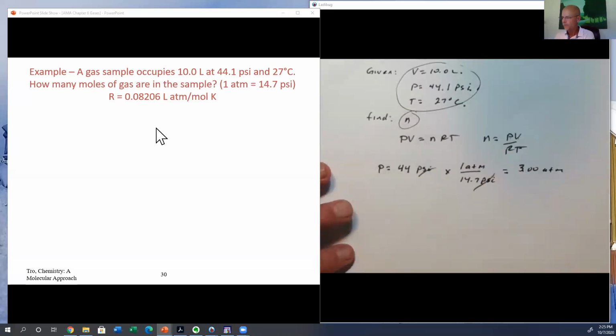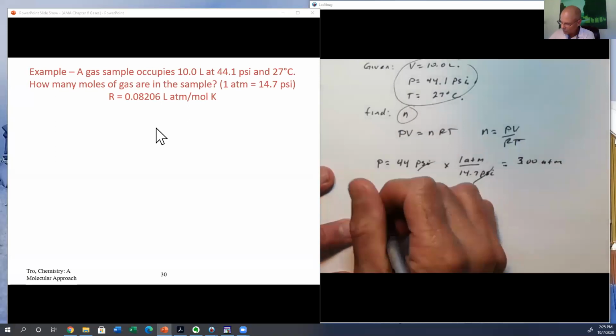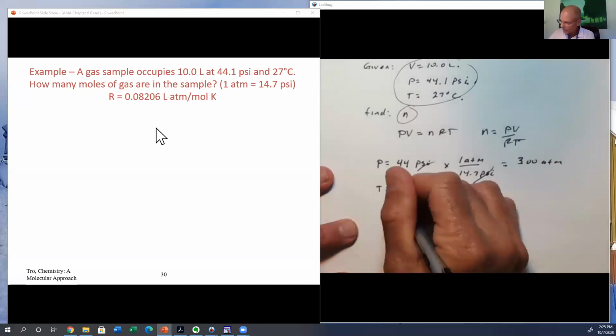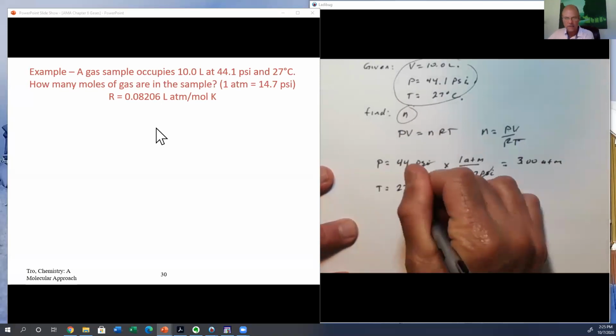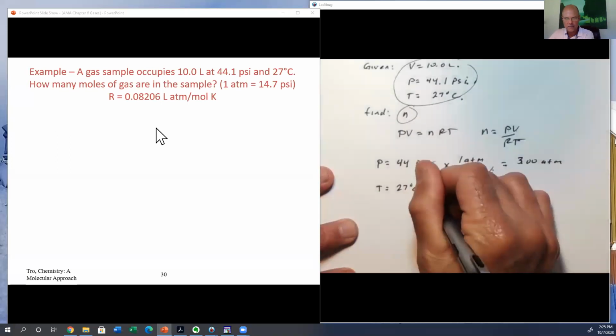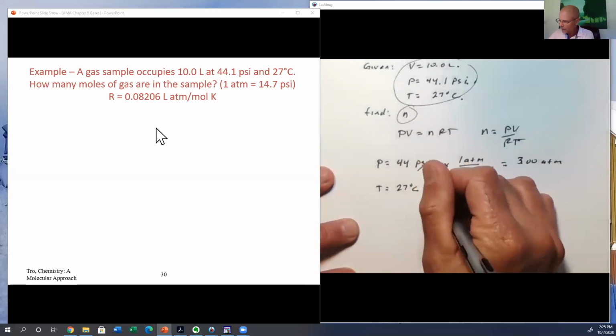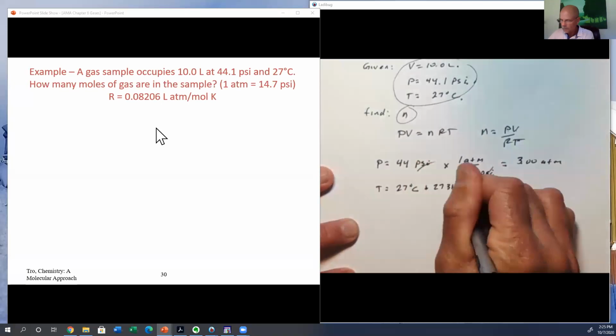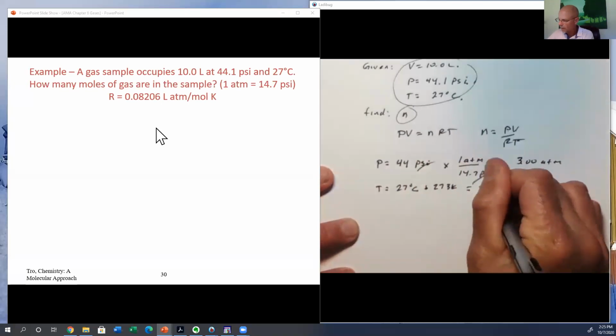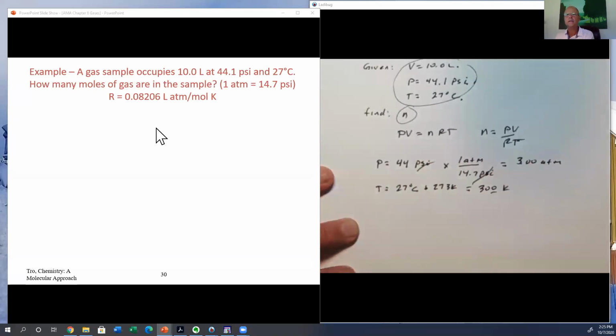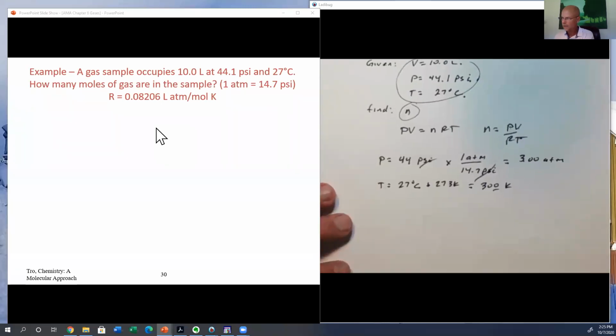Then my temperature is given in degrees Celsius, so I have to convert that to Kelvin by adding 273. That is equal to 300 Kelvin, and that is my least significant digit. So now we just plug in.